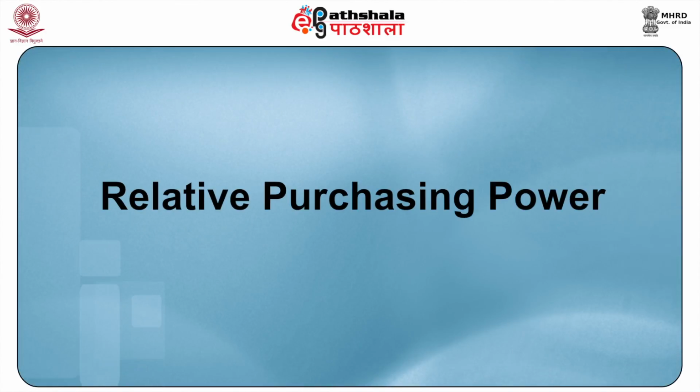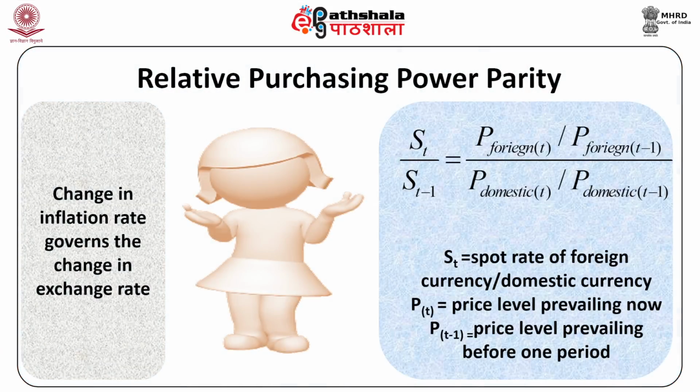Relative purchasing power parity. Relative purchasing power parity postulates that the change in inflation rate governs the change in the exchange rate. S_t divided by S_t-1 is equal to P foreign t by P foreign t-1 divided by P domestic t by P domestic t-1, where S_t is the spot rate of foreign currency divided by domestic currency, and P_t is the price level prevailing now and P_t-1 is the price level prevailing one period before.